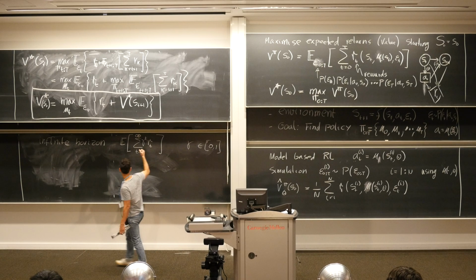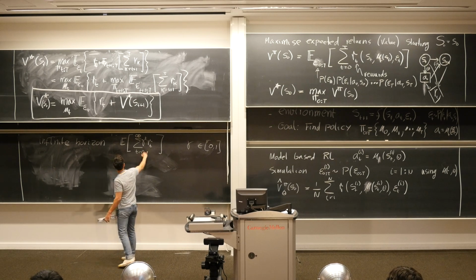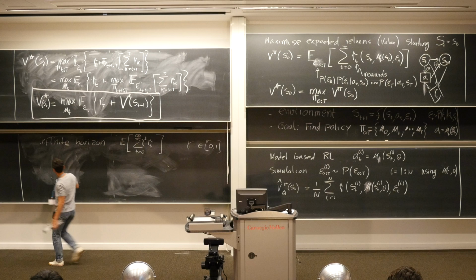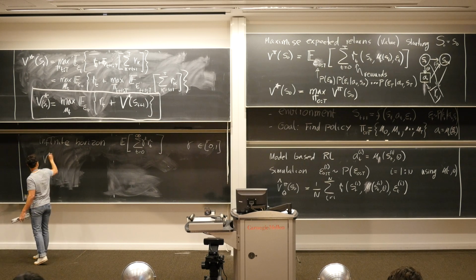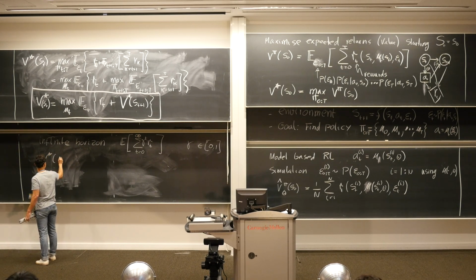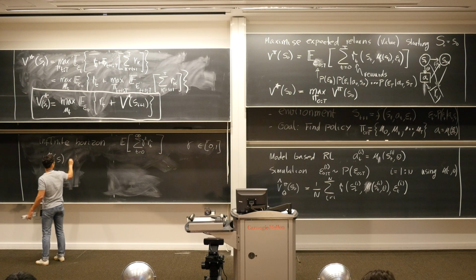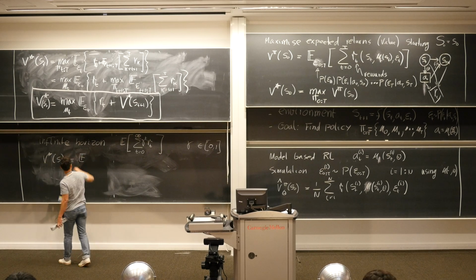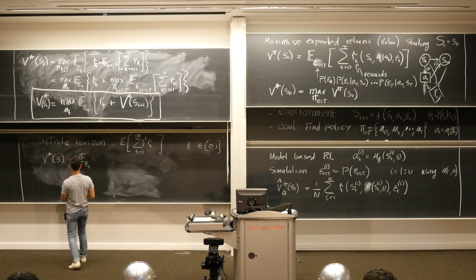Okay, so in the infinite horizon, we often try to maximize the expected sum of future discounted rewards. In that case, the value function of a state can be written as the expectation, just the same as what we have there over epsilon t.